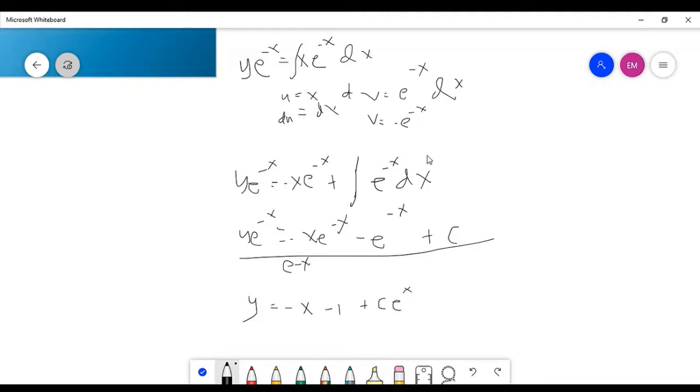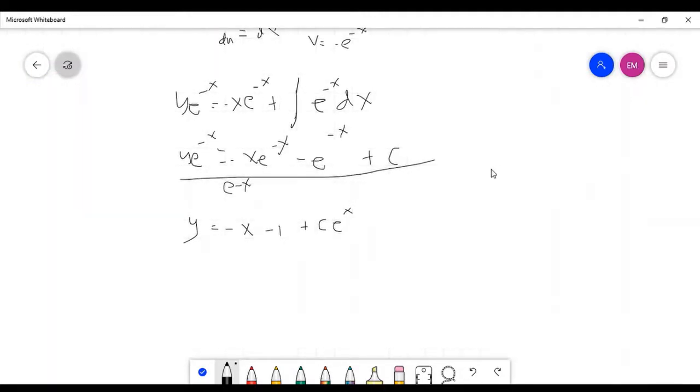Then, we have here the initial condition: at x equal to 0, y is equal to 1. So, do the substitution. So, this is 1 equals negative 0 minus 1 plus c e raised to 0.